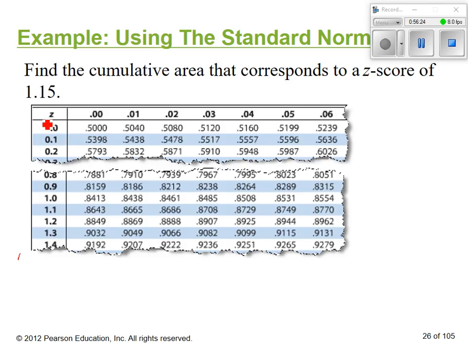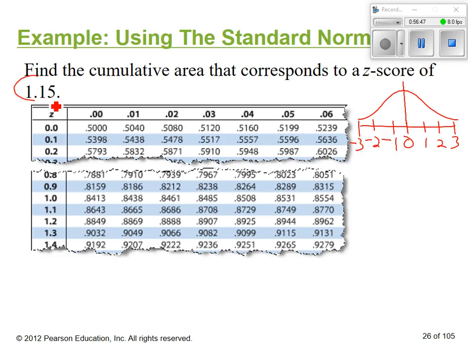And you have to remember, that right there is your mean, that's 0. Then you're going to have 1, 2, 3, and -1, -2, -3. If you're in the positive, you're above the mean. If you're in the negatives, you're below the mean.